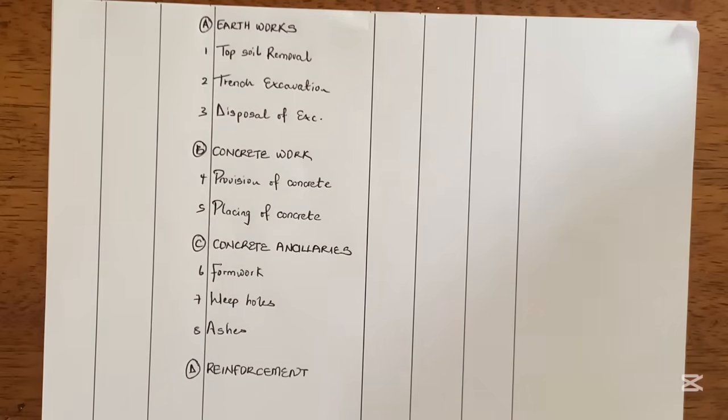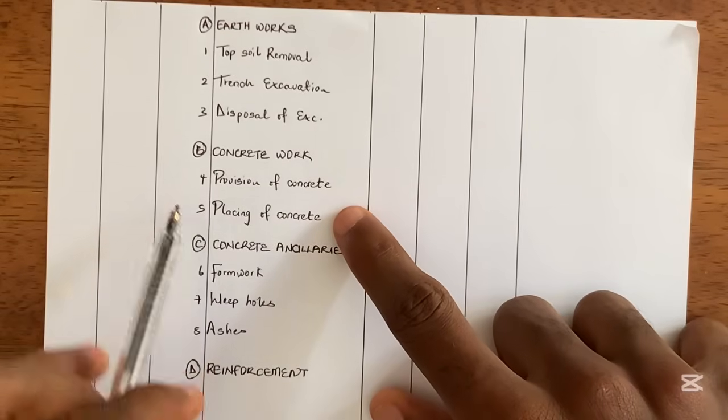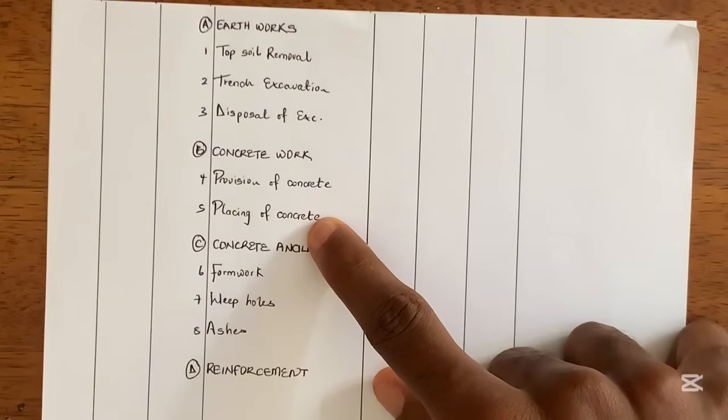And in a situation where these massive structures are made of concrete, you don't expect that work to be done in one day. Because these structures are massive, it is going to affect procurement of materials, and it is going to affect the placement of these materials. That is why concrete work is divided into two sections: provision of the concrete and placing of the concrete.